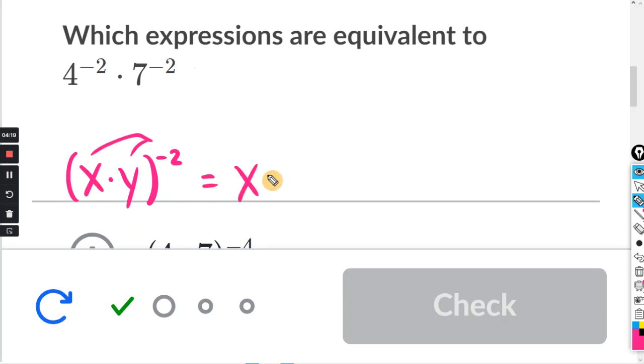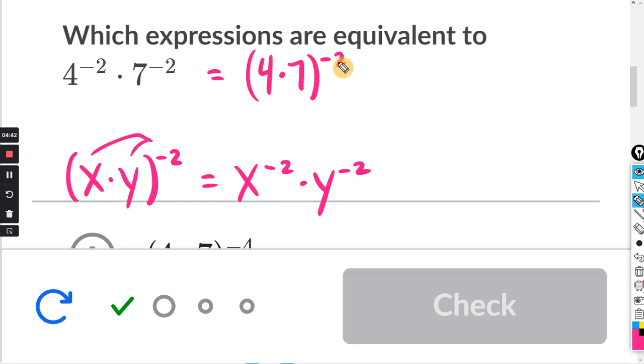So that's going to be x to the negative 2 times y to the negative 2. So we're just taking this and working backwards. So since the exponents match, 4 to the negative 2 times 7 to the negative 2, that's the same as 4 times 7 to the negative 2.